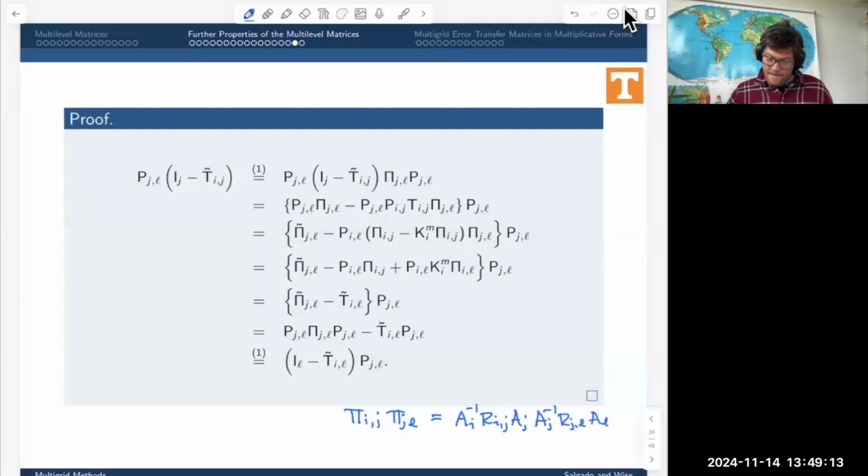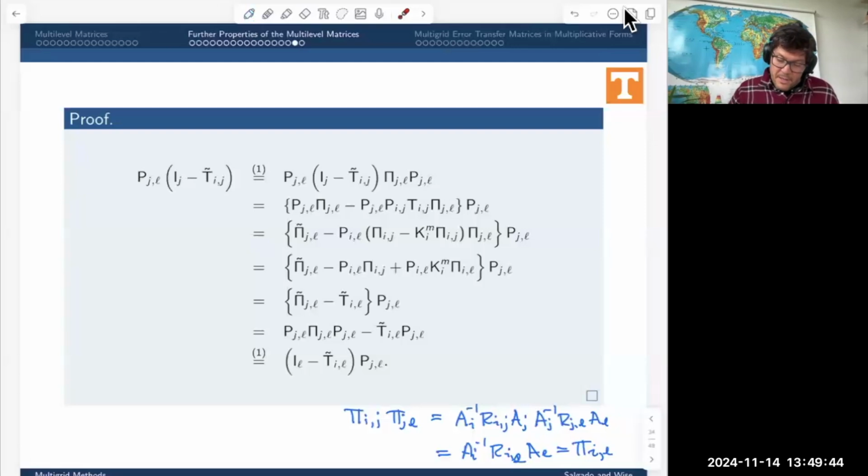AL. Okay, so these two matrices see each other and they give the identity. This matrix times this matrix just gives us RIL. And so what we get is AI inverse RIL AL, and that is just equal to the pi IL matrix.